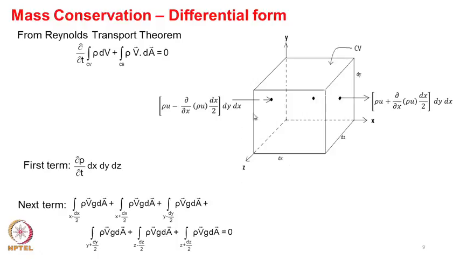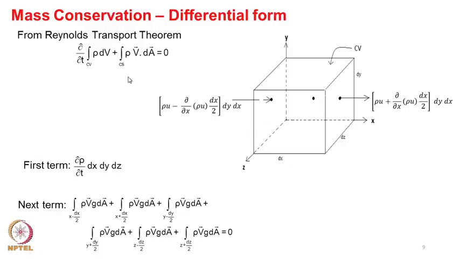So, let us take a three dimensional representation of a fluid element, with the elemental length defined in each direction. For example, dx is the length of the element in the x direction, dy is the length in the y direction, and similarly dz is the length in the z direction.